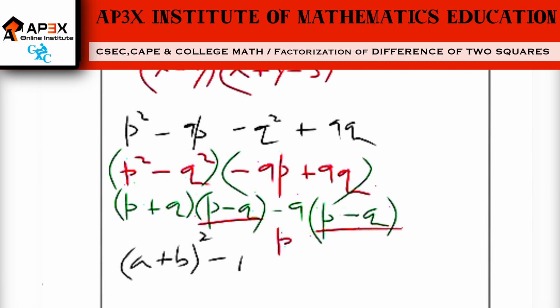So p minus q, and then obviously we're going to have p plus q minus 9 in the other bracket. And we have already discussed from the previous example that we are in fact allowed to have 2 terms in one and 3 terms in the other.